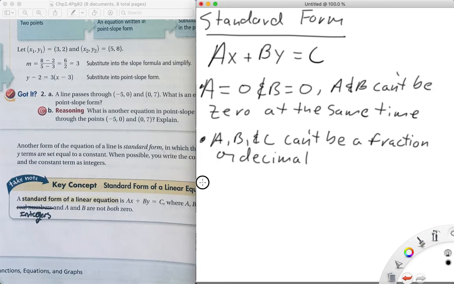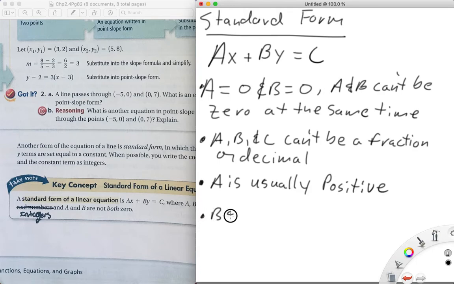Lastly, A is, I'm going to put the word usually. A is usually positive. We usually want A to be positive.